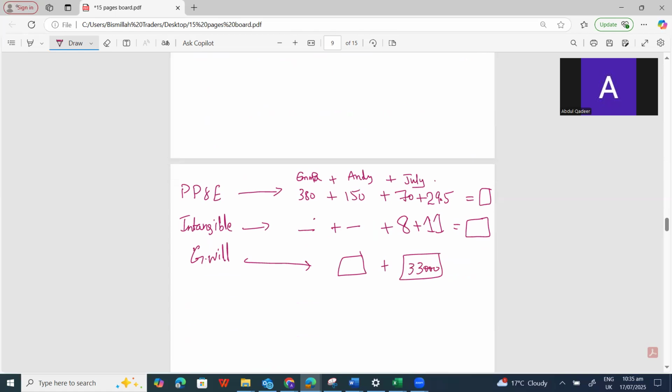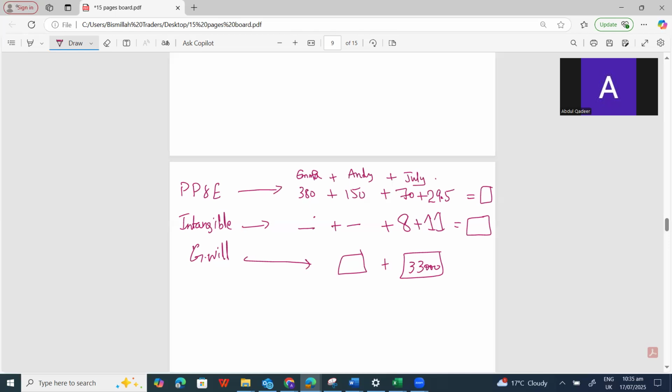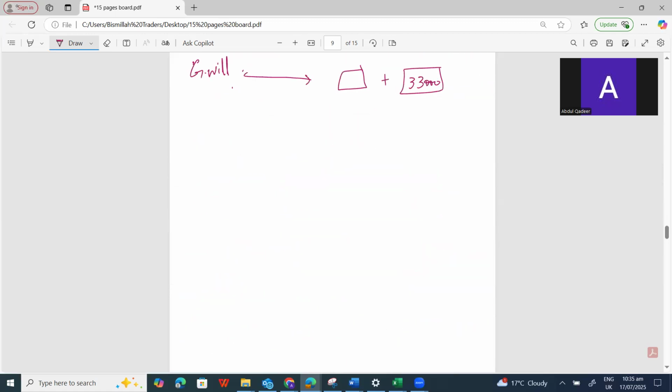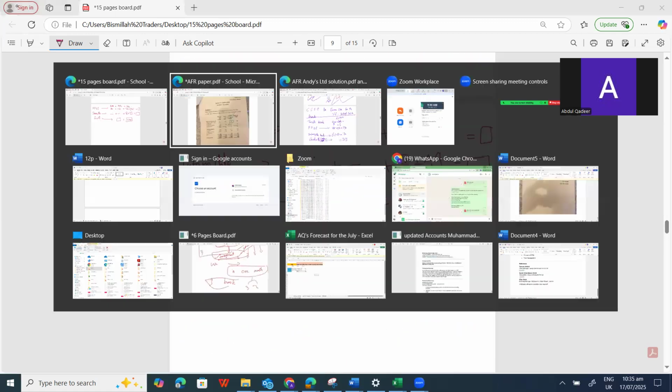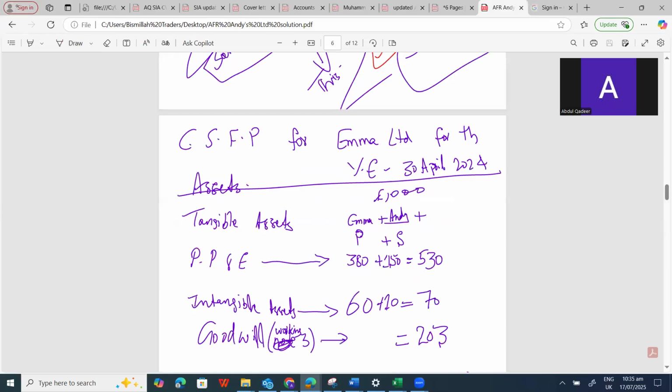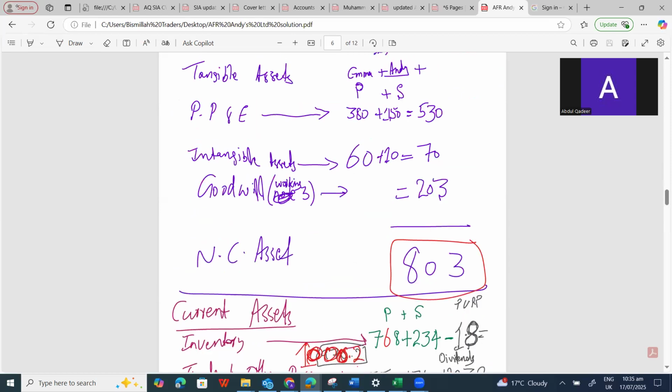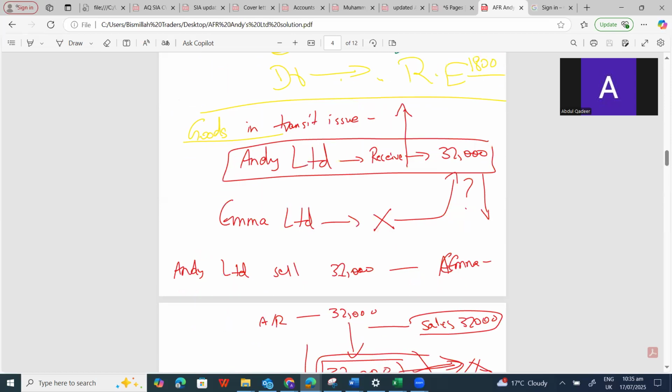What's the main thing? We need goodwill at reporting date here because we are making the final. For Andy Limited, we have calculated the goodwill at acquisition. I want to adjust for that also.